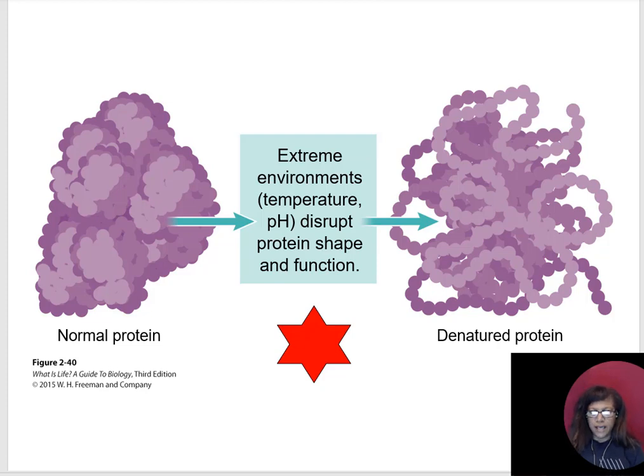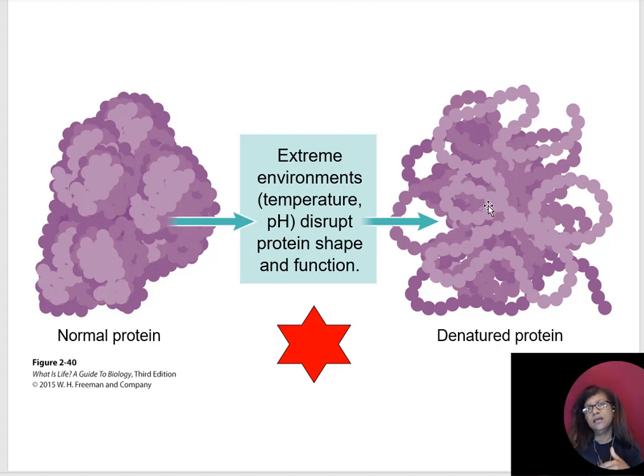So it turns out that here you have a normal protein, but I can disrupt this protein. I can do what's called denaturing this protein, which means that now this protein doesn't work. If I unfold, if I denature a protein, that protein will no longer function.